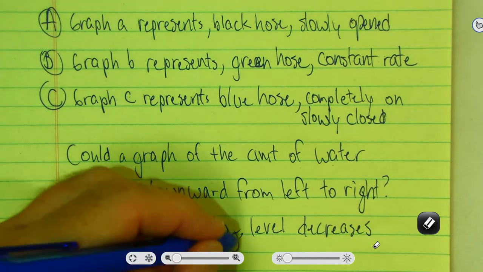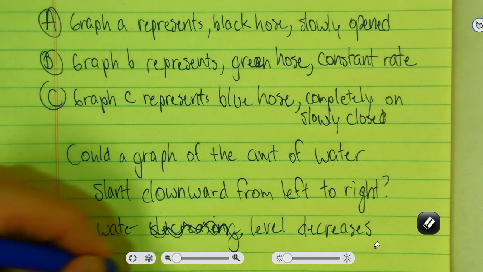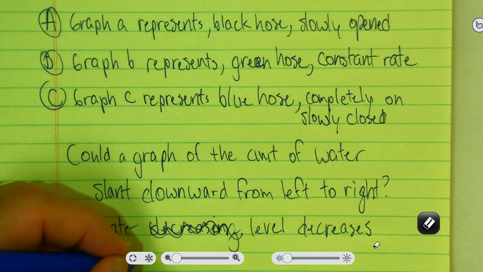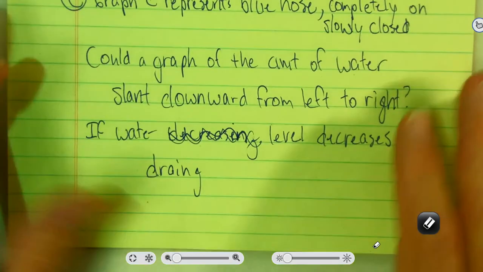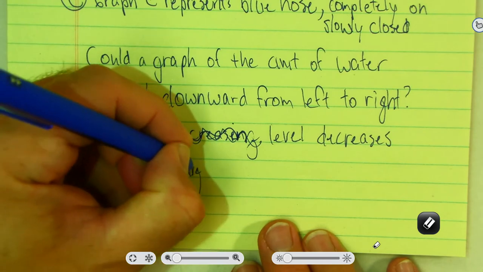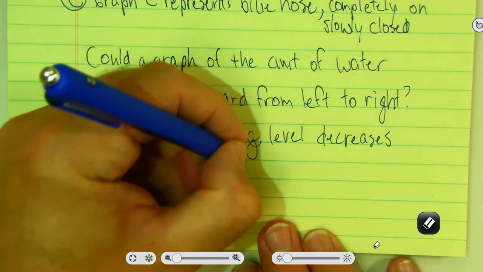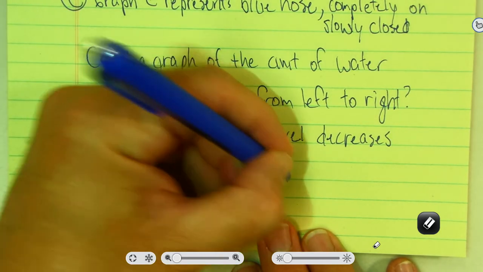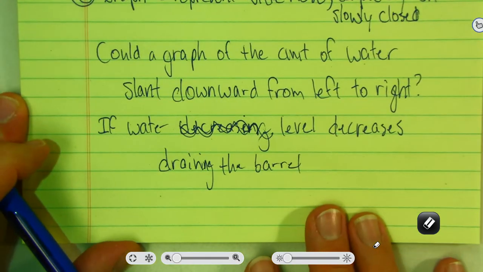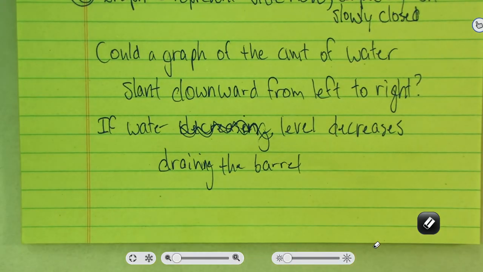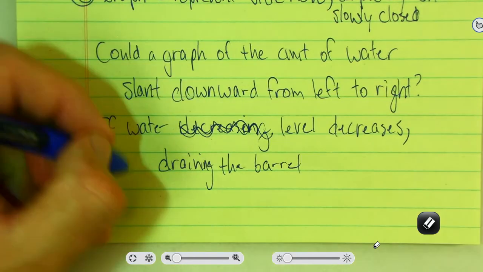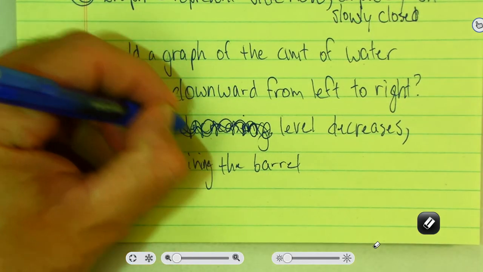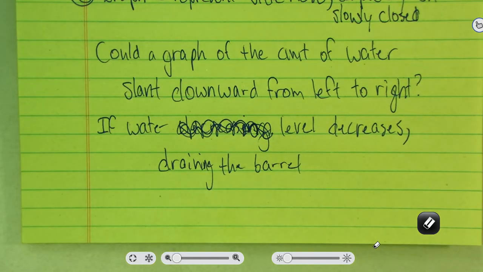So if the water level decreases, it would slant down, and we could be actually draining the barrel. So the amount of water could slant downward from left to right if the water level is decreasing. So we could have a graph like that.